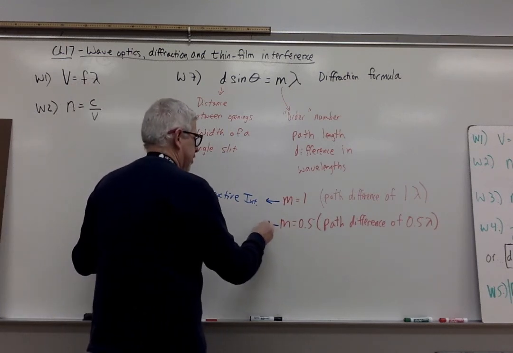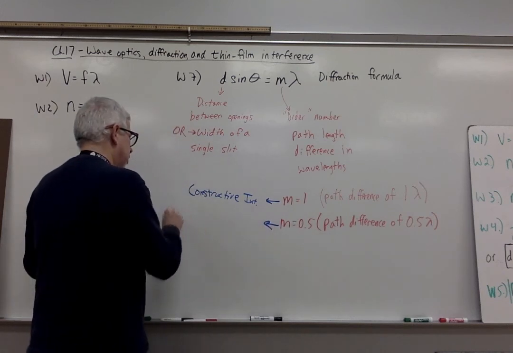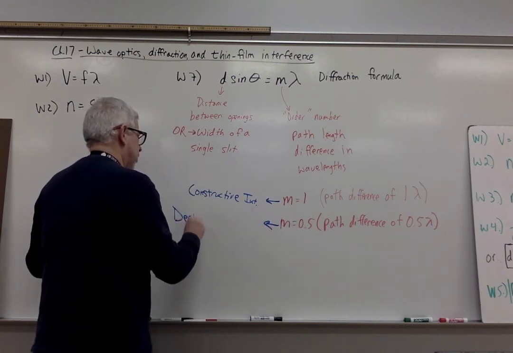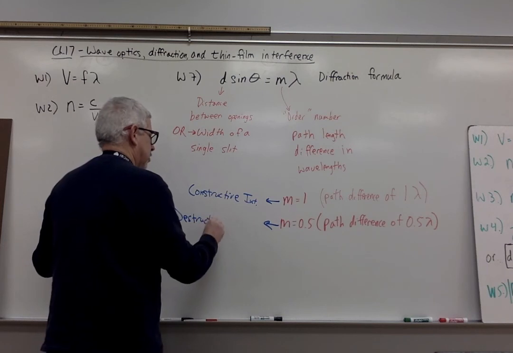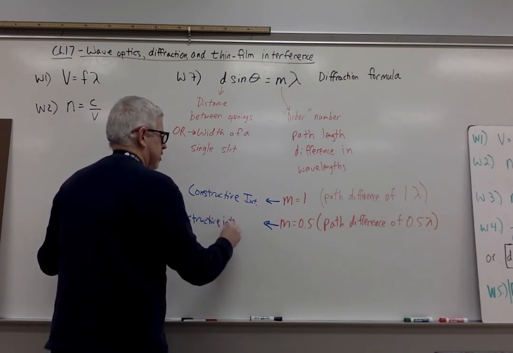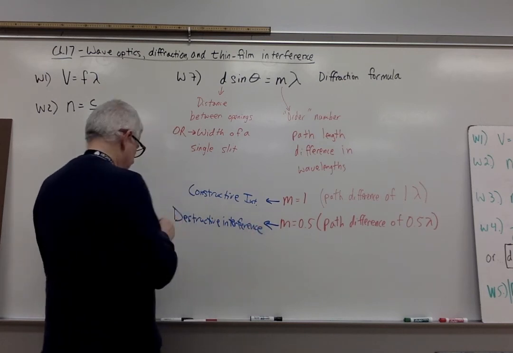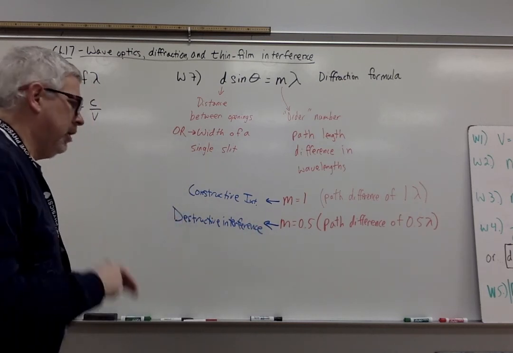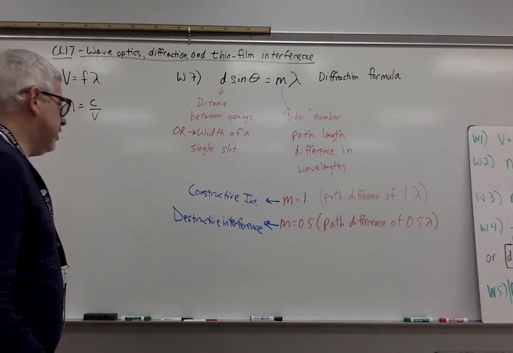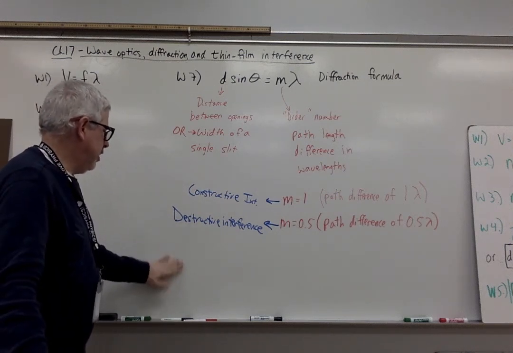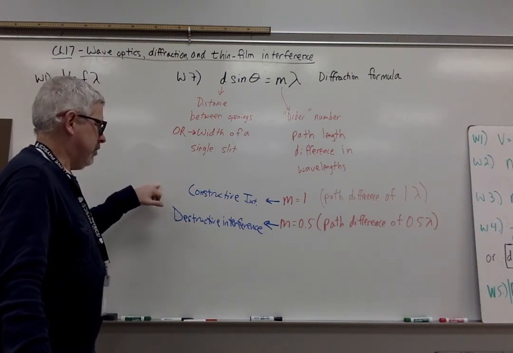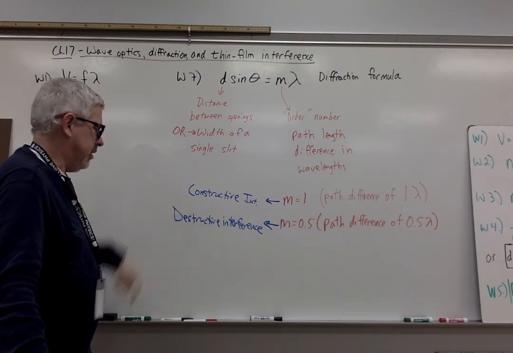If we have a path length difference of 0.5, we have destructive interference, and we tend to have a dark spot, a spot where the light is canceled out. There are several examples about this in your chapter, but this is the big idea.